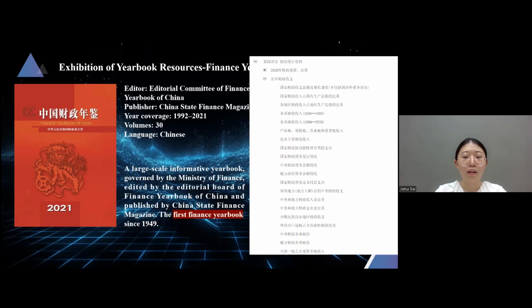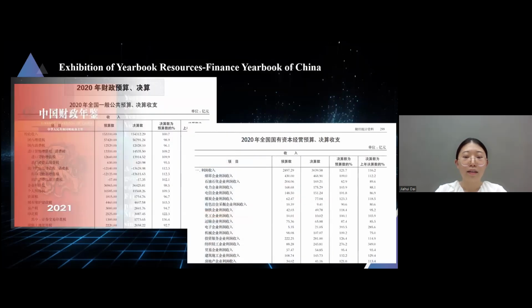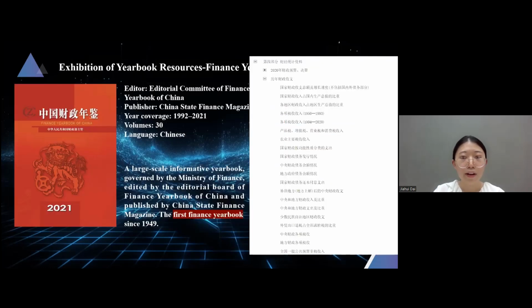Financial statistics include financial budgets and final accounts, financial revenue and expenditure of administrative institutions, and financial revenue and expenditure over the year, such as the total revenue and expenditure of the state and its growth rate, the proportion of national financial revenue in GDP, revenues from product tax, value-added tax, business tax, and consumption tax.